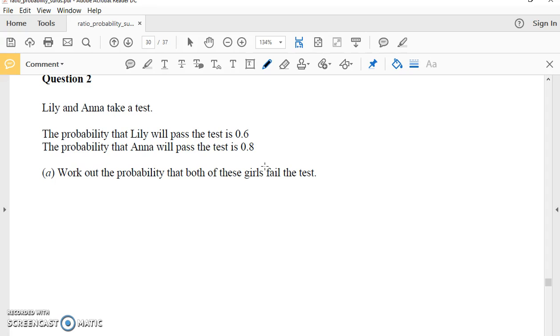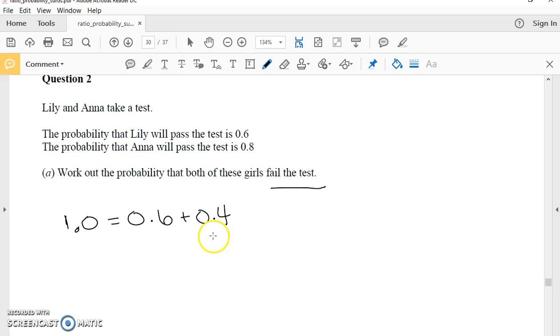Now, this one gives us the two pass rates, and it wants us to work out the probability that both girls fail. So remember that both of your probabilities need to add to 1. So if I know that there's a 0.6 chance that she's going to pass the test for Lily, I know that there must be a 0.4 chance that she's going to fail it.